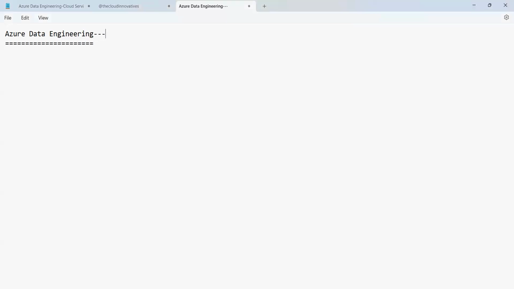As you know, the Azure Data Engineering is nothing but a bunch of cloud services. That means you have various cloud services given here.